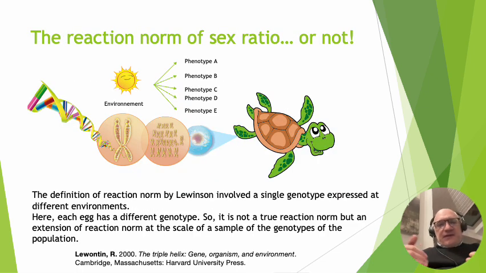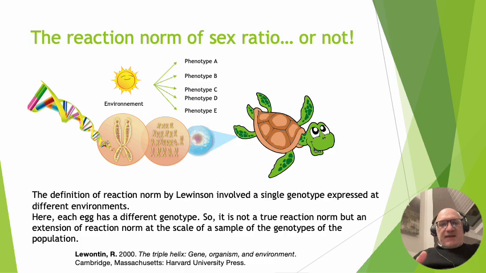The graph linking constant incubation temperature and sex ratio is often named a reaction norm of sex ratio. But it is not a true reaction norm. The definition of reaction norm by Woltereck involved a single genotype expressed at different environments that produce different phenotypes.